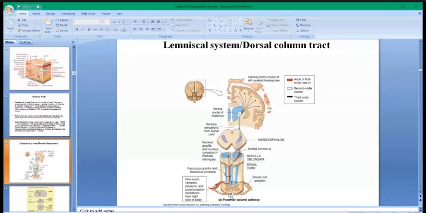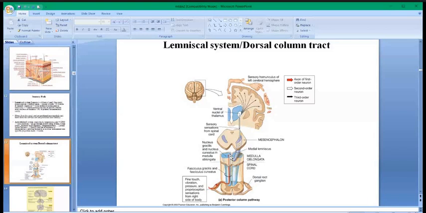Dorsal portion, because this one is ventral portion, this one is lateral portion, this one is dorsal or posterior portion. So from here it is going to the posterior portion and it is going up. So the first order neuron has been shown in red. It carries the impulse from here, then enters here and ends. Am I clear?